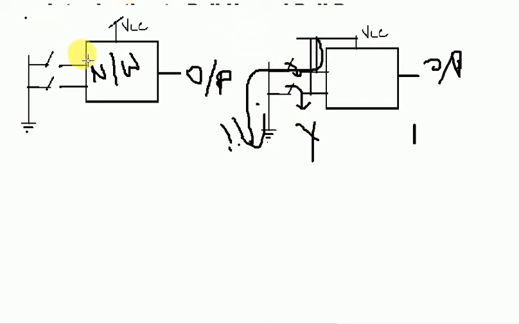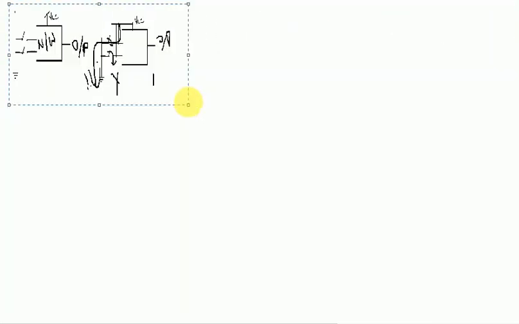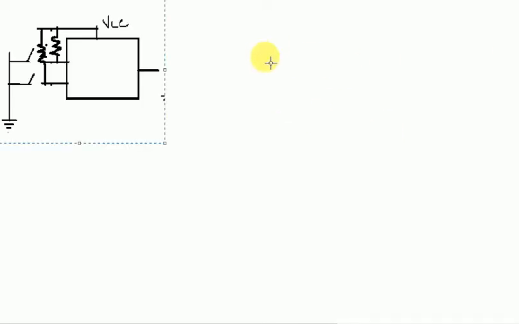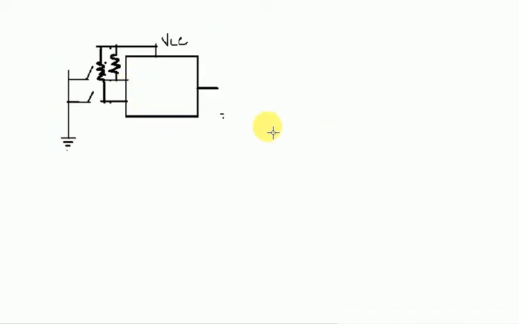So what can we do? I can do another thing. If my network is something like this, then what will happen?